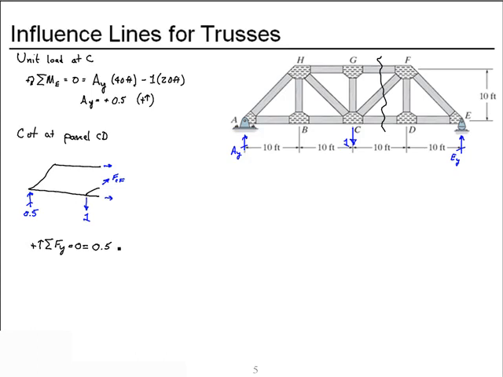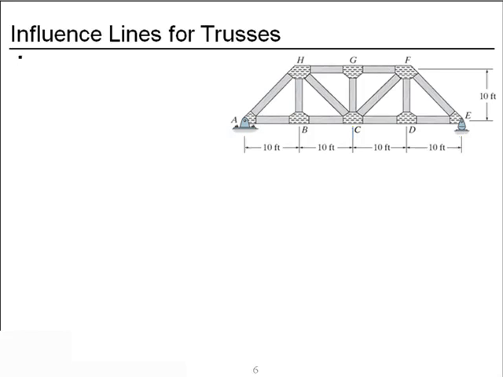We have the 0.5 reaction at A, the unit load in a negative direction, 1 over the square root of 2 is the component of CF in the vertical direction. And that gives us a force in member CF of a positive 0.707 when the unit force is applied at point C. Now we move the unit load to point D.